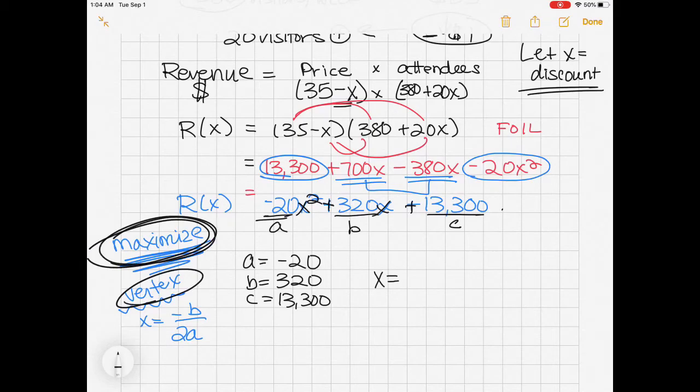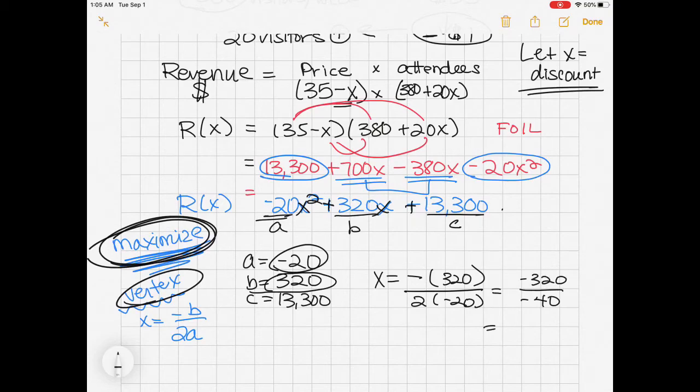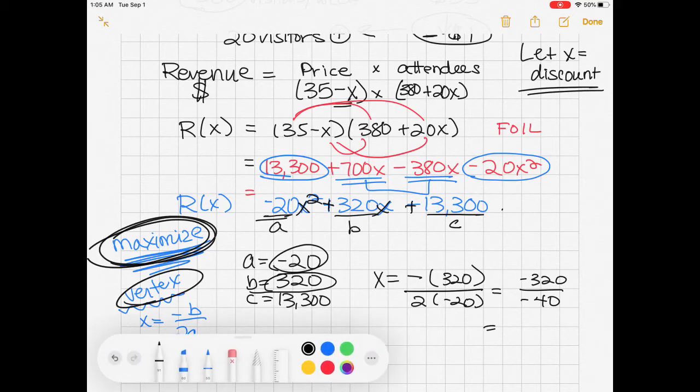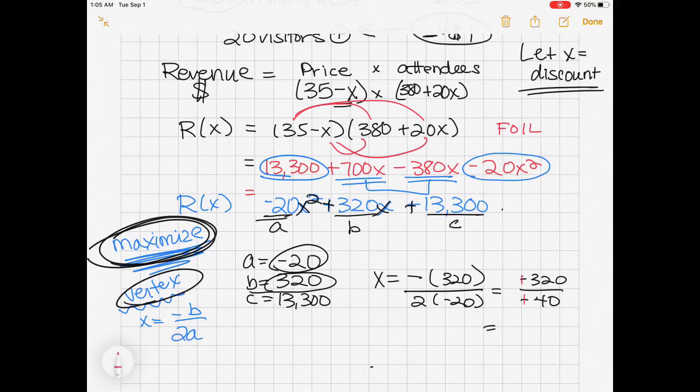The x value of the vertex is negative b all over 2 times a. So we've got negative 320 divided by negative 40. A negative divided by a negative is a positive. We can cancel out these zeros because they both divide by 10, and 32 over 4 is 8.